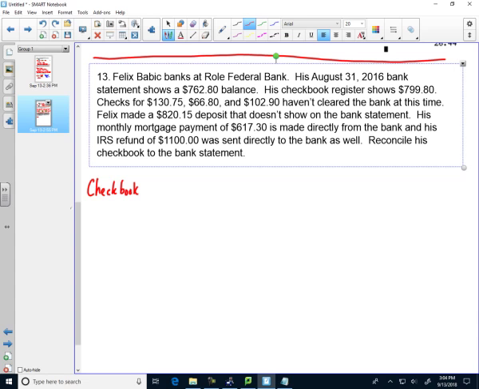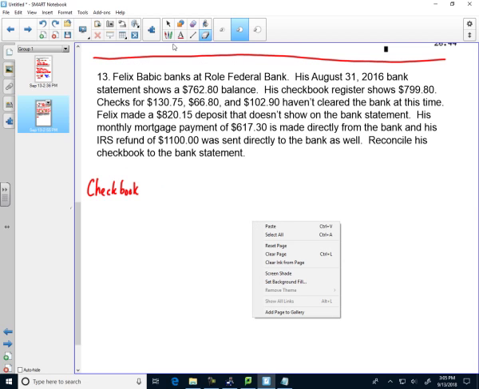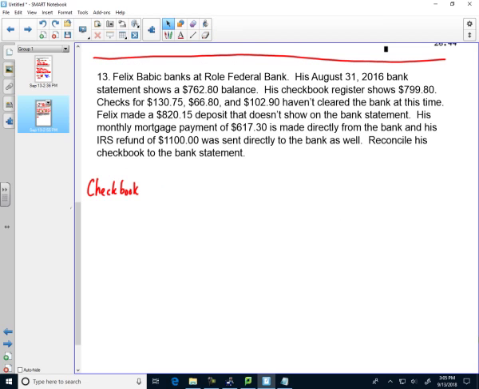So the checkbook is showing $762.80. No, the bank does. Wait, I got that in the wrong place, don't I? I'll just erase that. I wasn't reading carefully enough, was I?